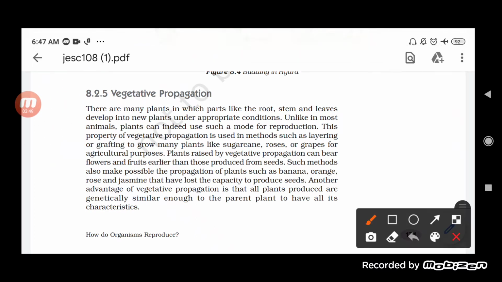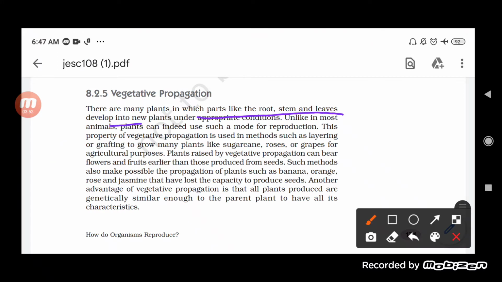So see students, here it is written that there are many plants in which roots, stems and leaves develop into a new plant under appropriate conditions. Basically this mode of reproduction is only for plants. What happens in vegetative propagation, students?